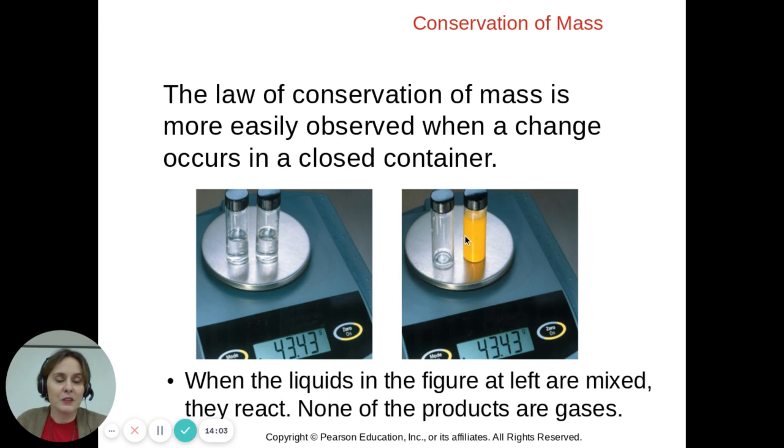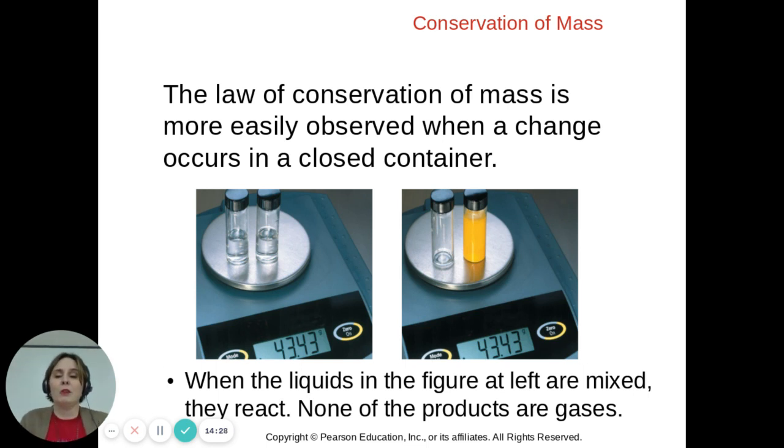Mass of the products should be 43.43 grams. When the liquids in the figure mixed, those two in particular react. None of the products are gases. So in this example, I kind of lucked out because you could actually mix them together and maybe not have to close the container really quickly because you don't have any gases liberated.